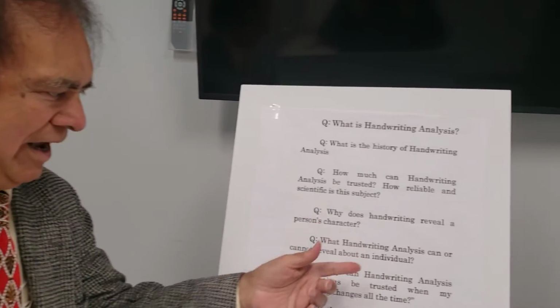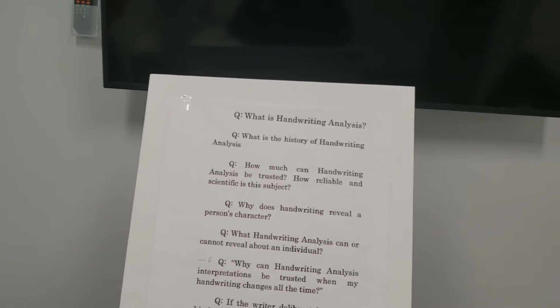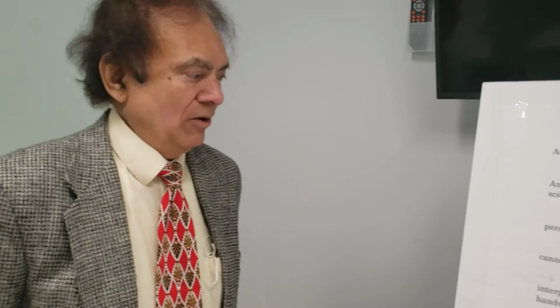Question 5. What can handwriting analysis reveal and not reveal about an individual? As a matter of fact, you can tell a great deal about a writer, an individual. However, there are a few areas where you cannot make a scientific claim about the writer. For example, you cannot make a prediction based on the handwriting.